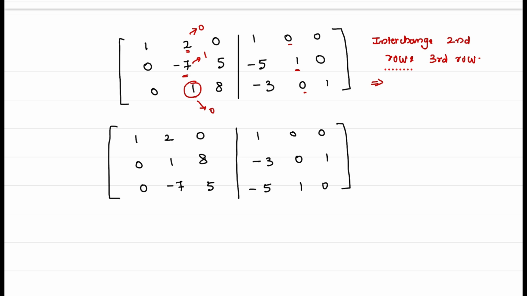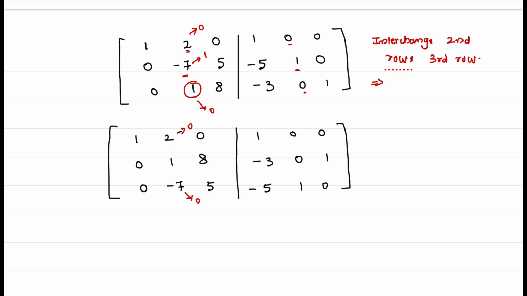Now we can apply, because my second row, second column is unity. When unity is there, I can multiply with something and make this element 0 and this element 0. To make this element 2 be 0, what do I have to do? R1 minus 2R2.